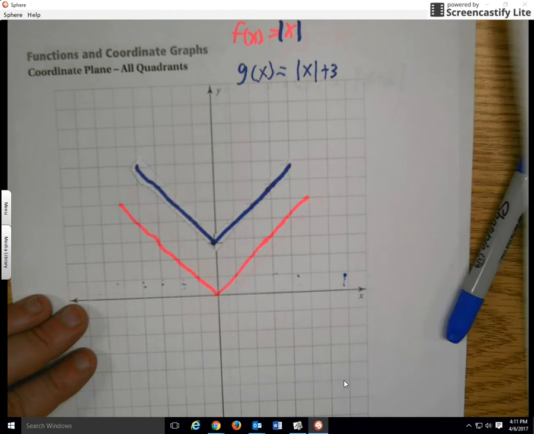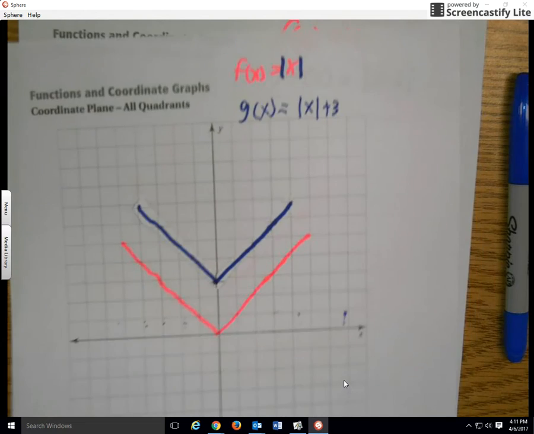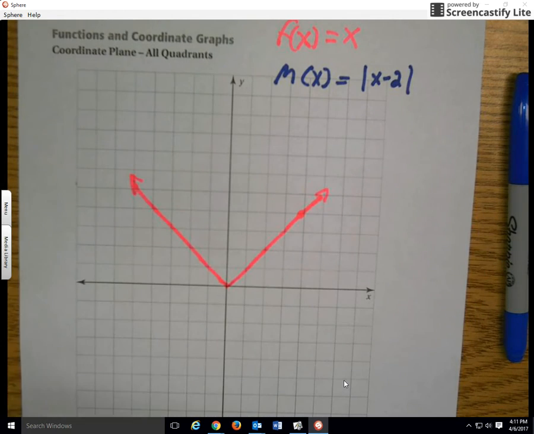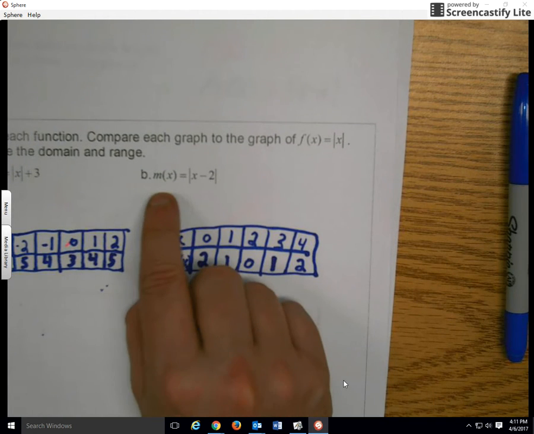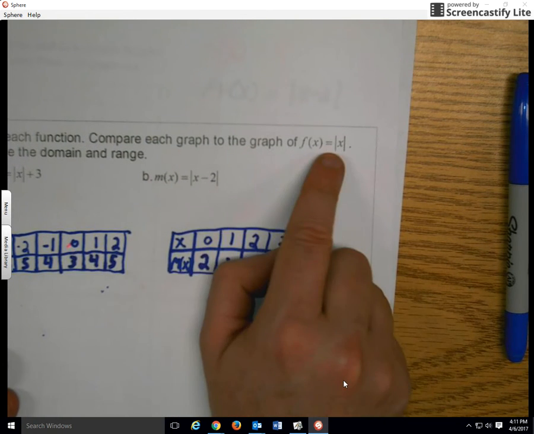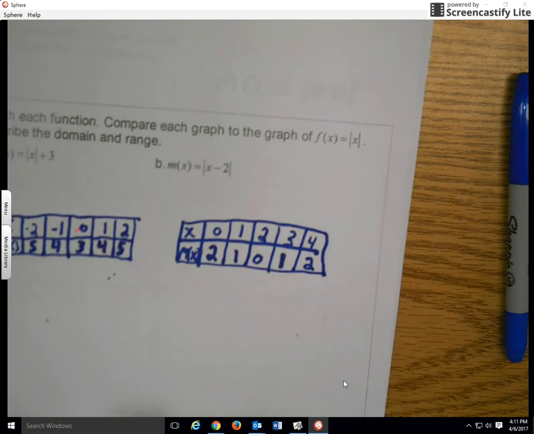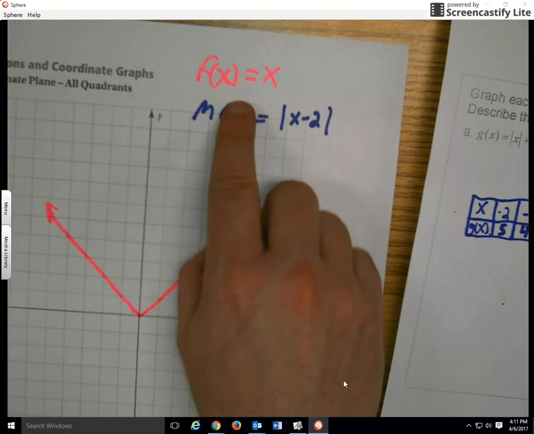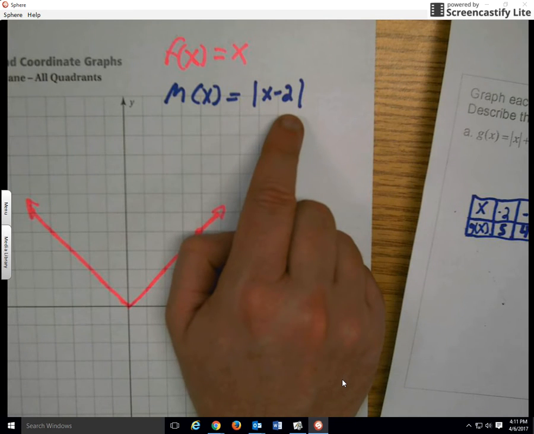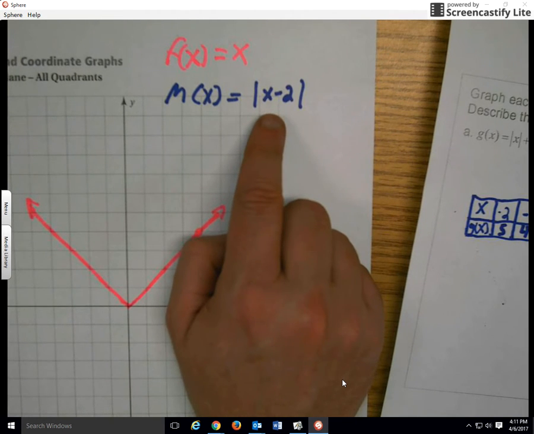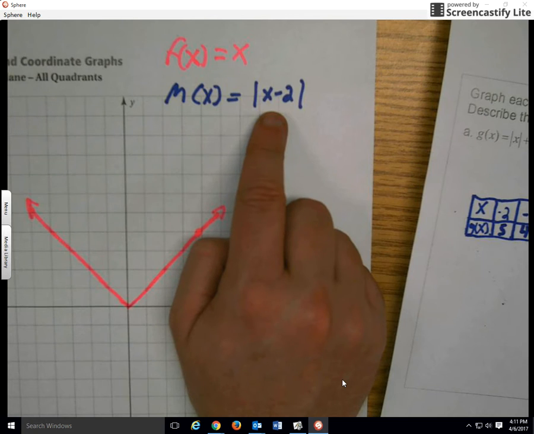Now, let's look at the second one here. Let's look at the second one really quick. M of x equals this f of x here, this absolute value of x, minus 2. So we still have the same f of x, but now we're going to do this minus 2. You may recall that when it's minus 2, we're going to move it either to the left or to the right.